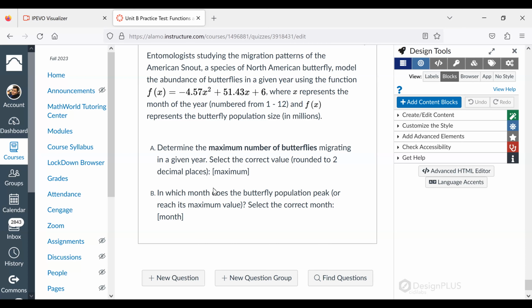Well, I like where your ideas are at, Carlos, but that's more of a calculus approach. We want to find the maximum or the peak of the parabola. The peaks always happen at the vertex, right? Or the minimum. So all they're really asking is, what is the vertex? Then I can answer A and B. Does that make sense?